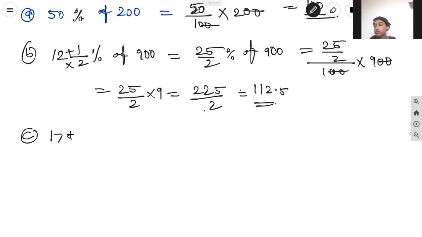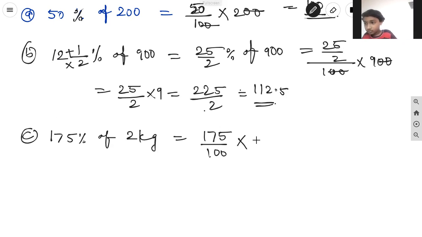175% of 2 kgs. It is equal to 175 per 100, of means into 2 kgs. We cut with 5.